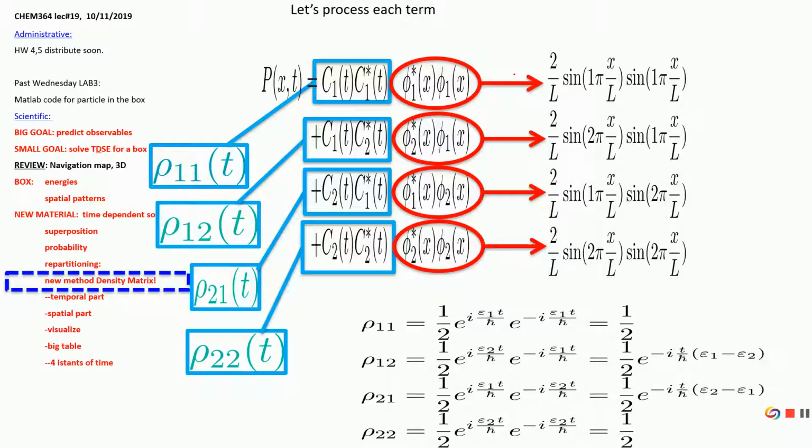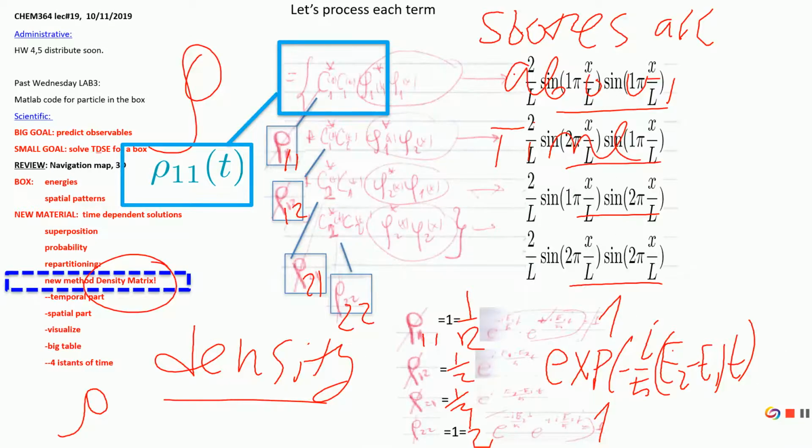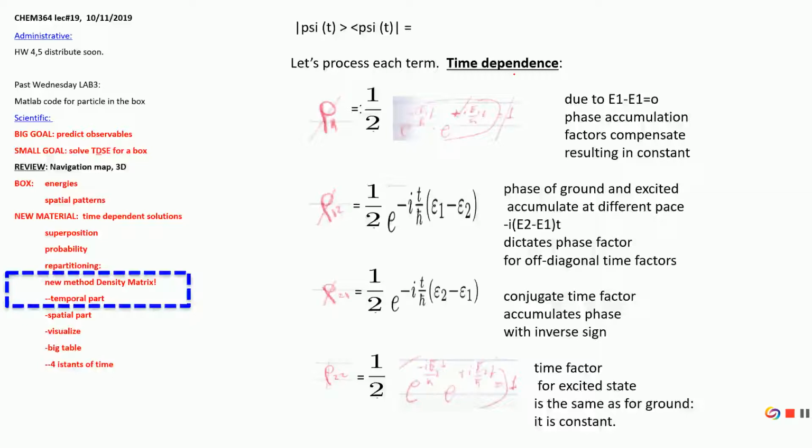So this one comes to here, this one comes to here. So the spatial part can be placed outside of the brackets, and these two things can be combined by the Euler expression. And then instead of imaginary exponentials, we will get something simple. We just discussed this.